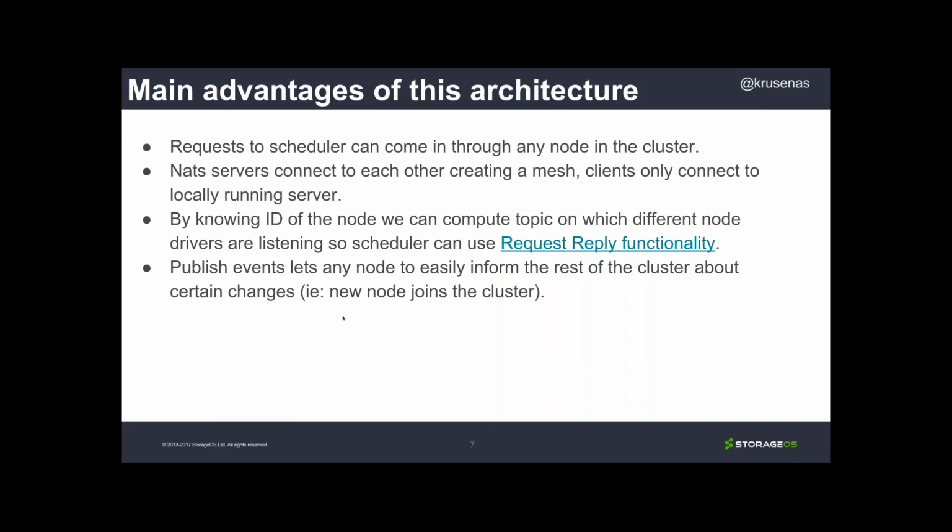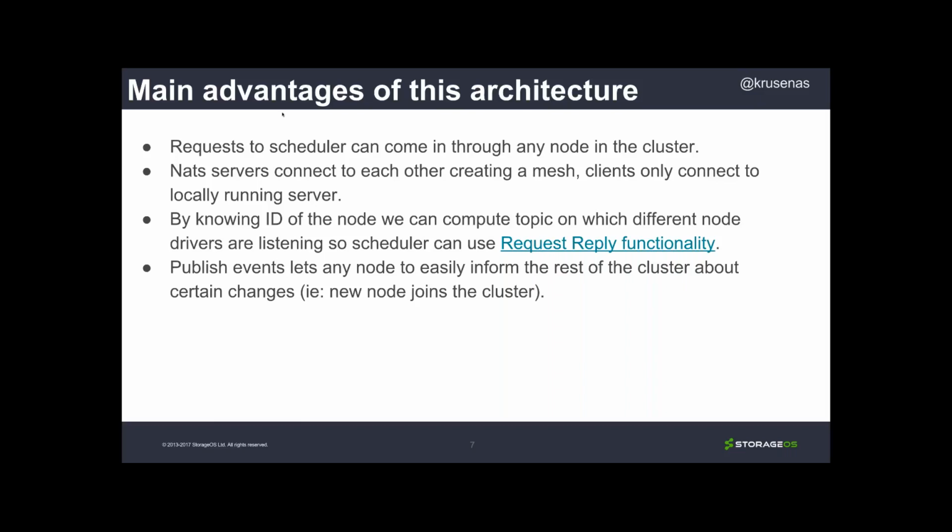Okay. So, advantages of this architecture. As I mentioned several times already, the main thing for us in using NATS is that any node can reach any node in the cluster. The second point is that clients only have to connect to the localhost, and the servers are doing the mesh networking.